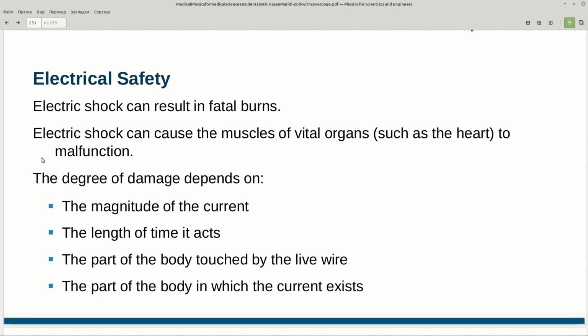This current can cause a sensation of shock.